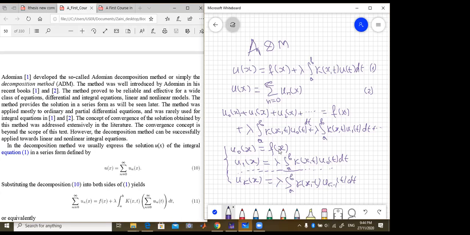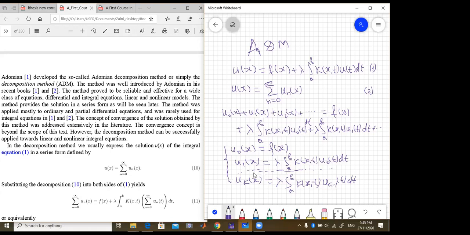So if we choose the initial guess like this, we can generate the terms. Now, the difference is that when we find u0, u1, u2, and u_k, we substitute these values into equation 2 and get the series solution. An interesting point: most of the time, by properly choosing u0, we can get the exact solution.